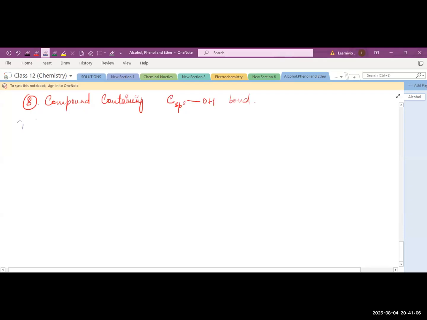So here's a vinylic type of alcohol. Right. Now what is vinylic type of alcohol? So it's very simple. When the OH group is directly attached to the sp2 hybridized carbon. Okay, just like this. When CH2 CH and you have the OH. You can see this OH group is directly attached to this carbon, right?